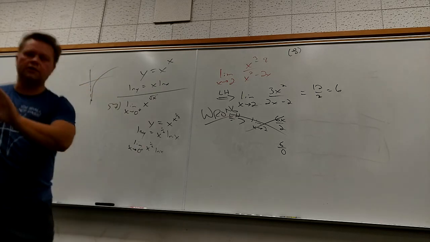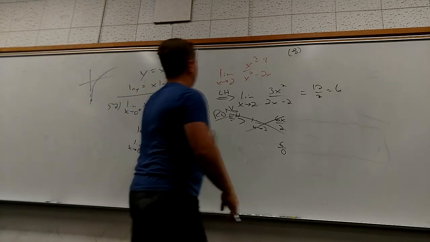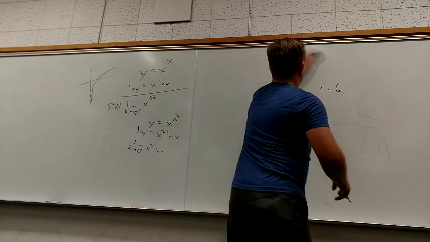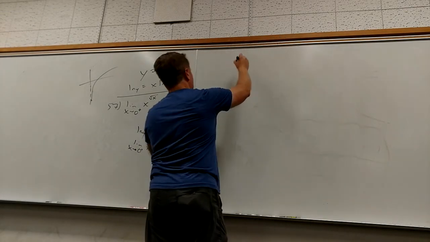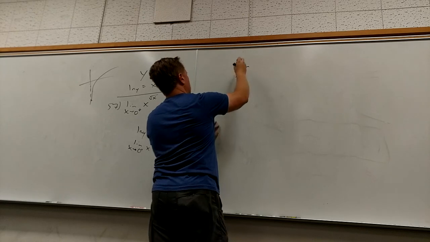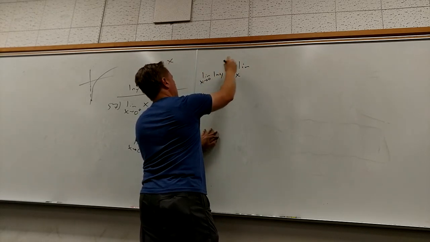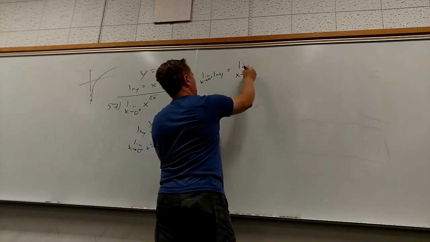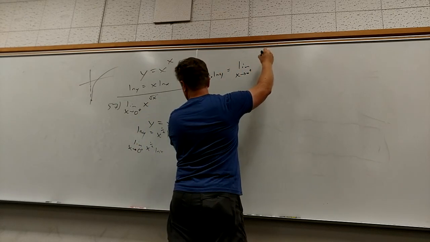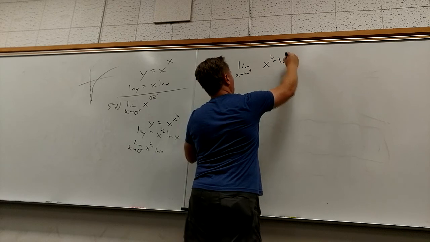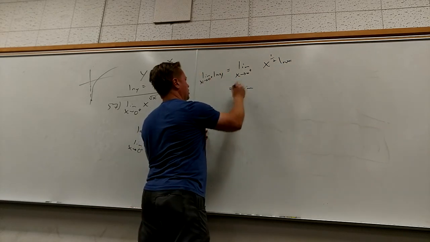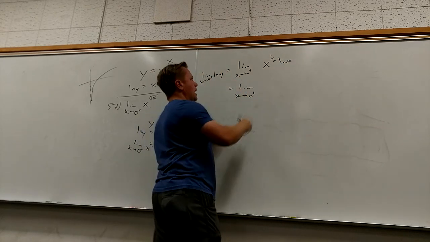Now look. Here's what you do. Is that a ratio? No. So let me look at this. So you just force it to be a ratio, and then L'Hopital's can help. So you have a choice.